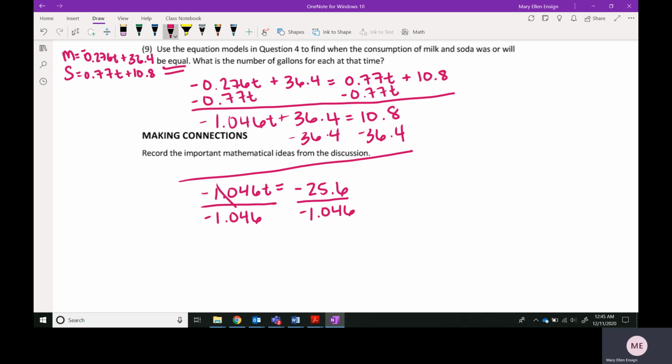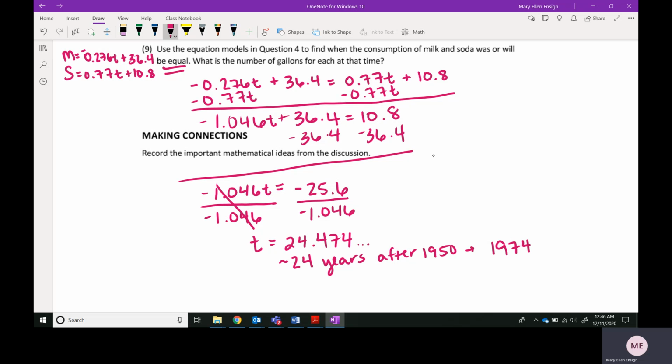That's because anything divided by itself is 1. Then I have negative 25.6 divided by negative 1.046, and I get 24.474, which we know, again, is about 24 years after 1950, which means it's in 1974.